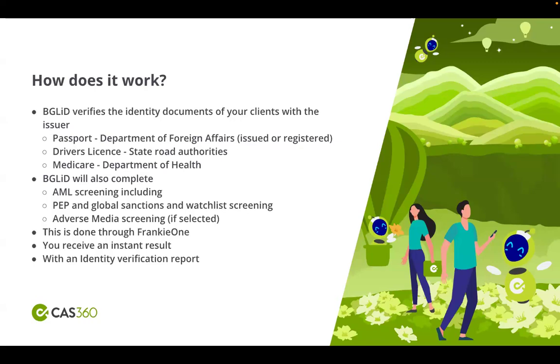So when a new client joins your practice today, as per the TPP requirements in Australia, there is an ID verification requirement. So there is a requirement for you to check the ID of your potential new client. And of course, there are many ways that you can satisfy this requirement.